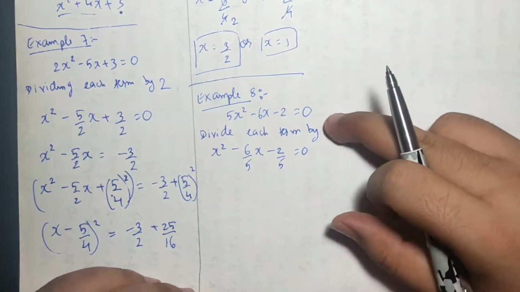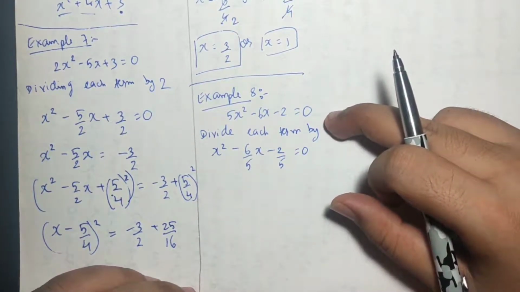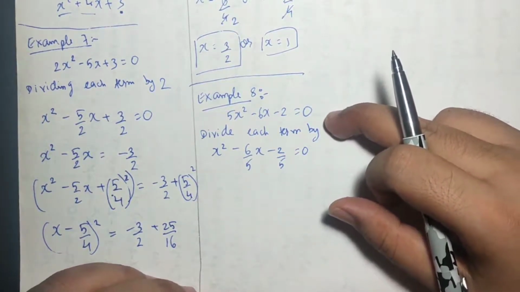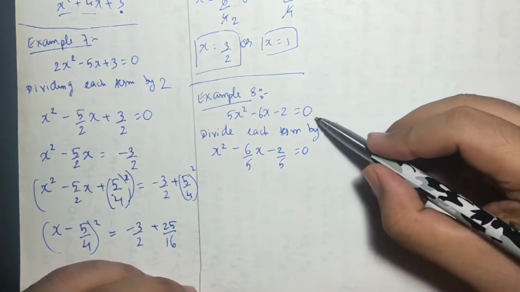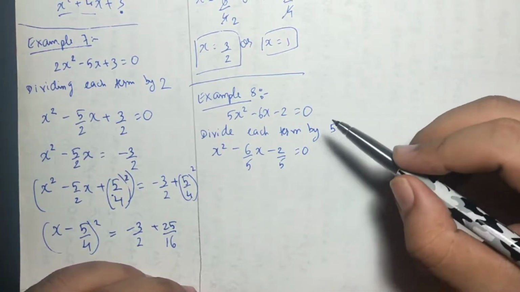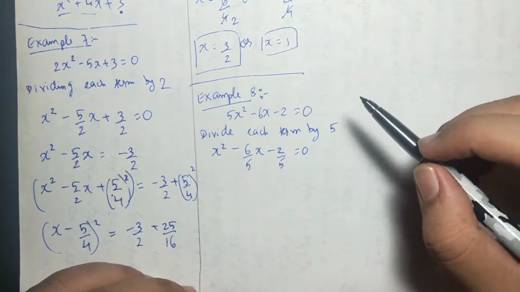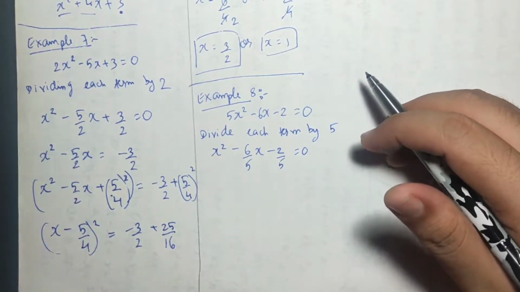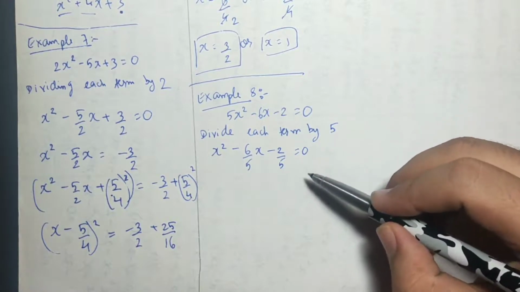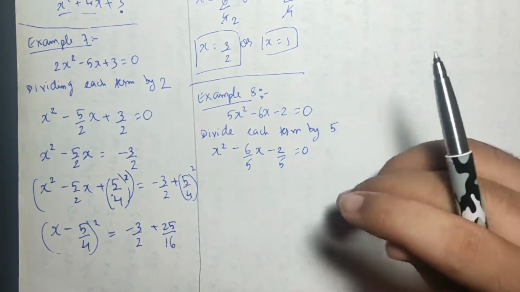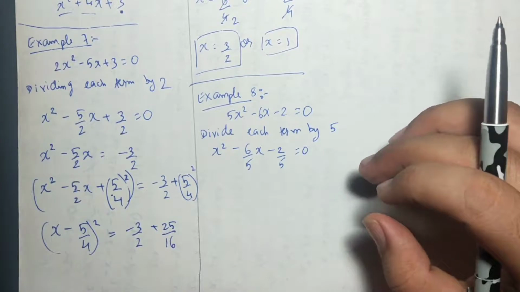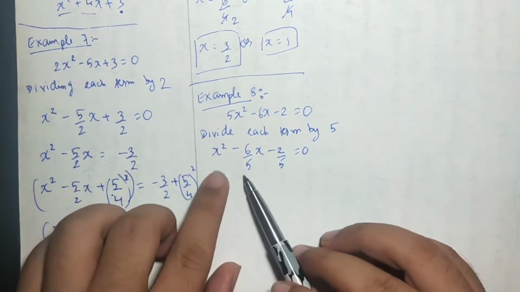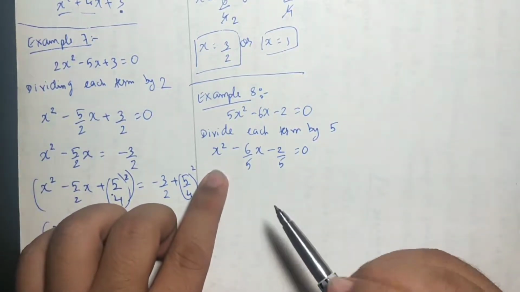See, these types of sums you will not be able to find using middle term splitting, because the answers are irrational. So this type of method is used for them. I have divided each term with the coefficient of x square.